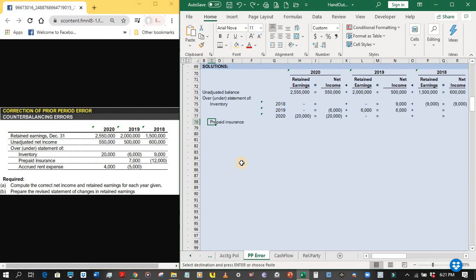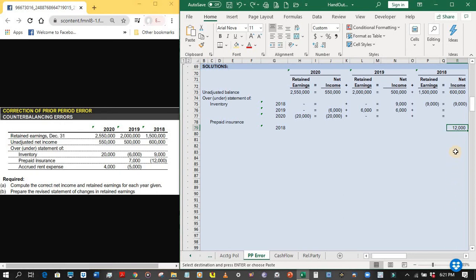So that is why in 2018, if the prepaid insurance is understated by 12,000 pesos, it means that the net income in 2018 is also understated by 12,000 pesos. And how do we adjust the understatement of the net income in 2018? That will be an addition to net income of 600,000 pesos.